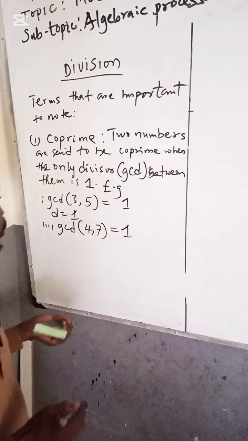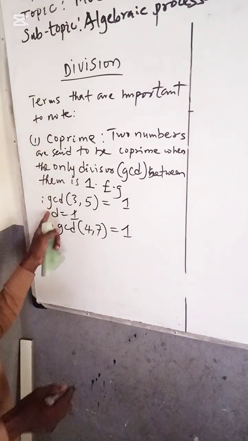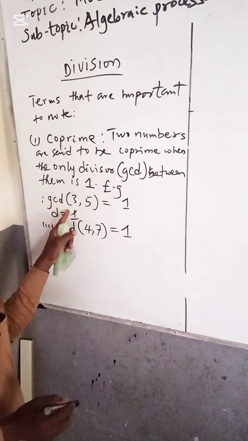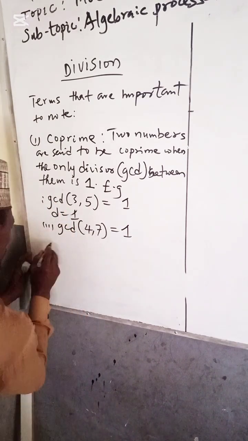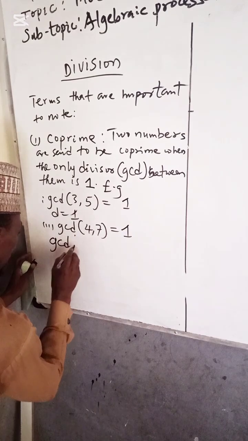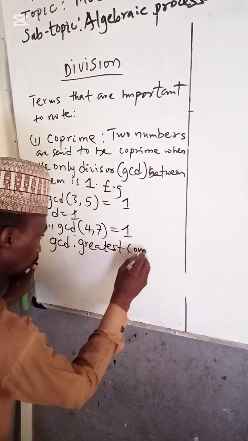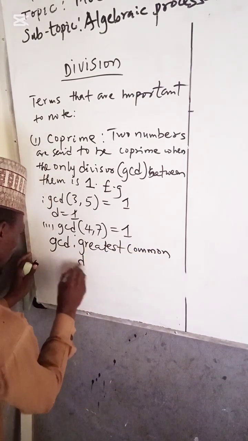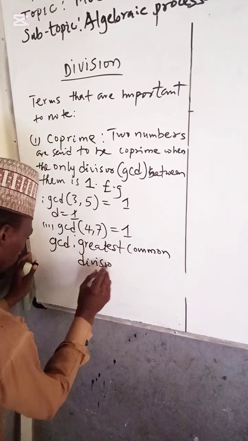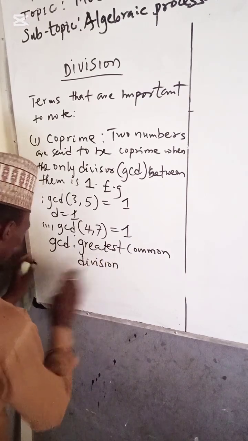In some other parts of the world, it is called greatest common divisor. That's what we mean by GCD, greatest common divisor.